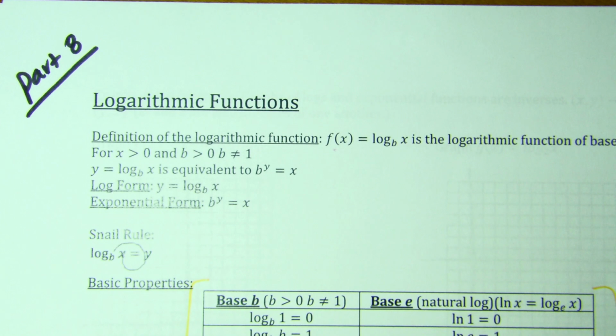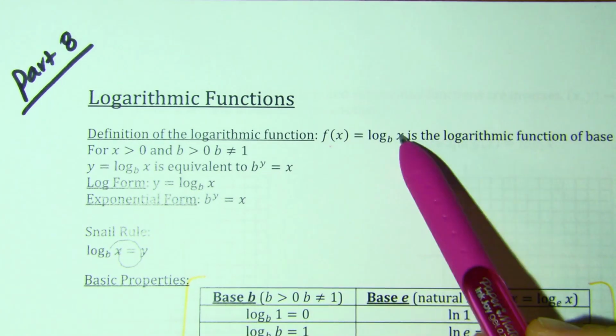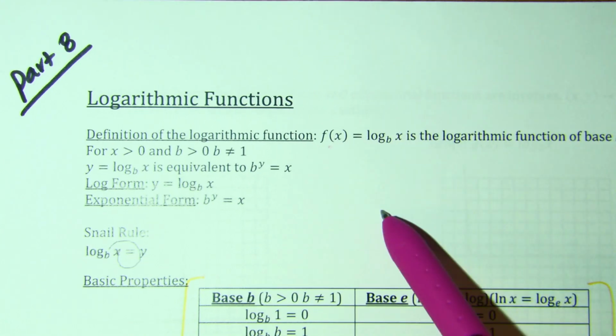It's not like you put in a quarter, you get out a quarter. You put in a quarter and you get something else out. So a logarithm works kind of like that machine, and you're putting something in it, and then you're getting something else out. That's what the logarithm will be equal to.